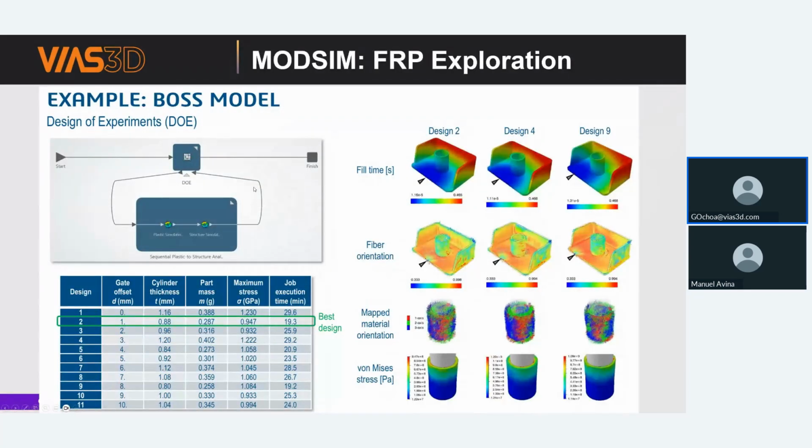So as I was saying, this enables design exploration. What we're looking at here is, we call this environment or this application process composer, that basically allows us to define automated workflows.